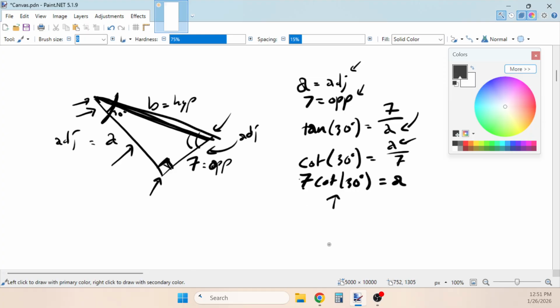And cotangent of 30 degrees is one of our special angles. If you don't recall, pull up our special angle chart.